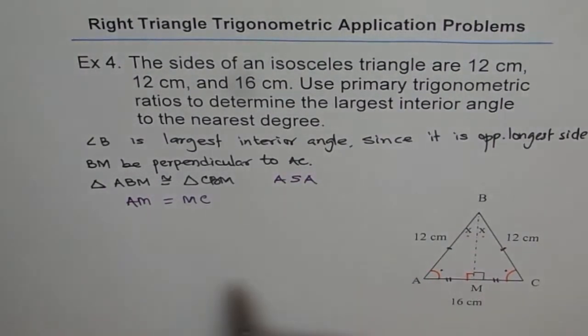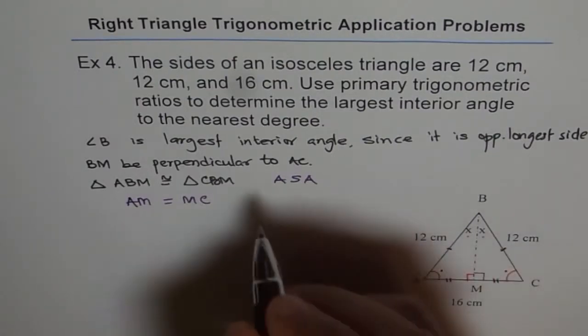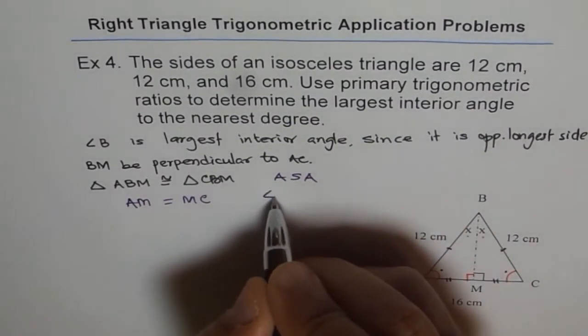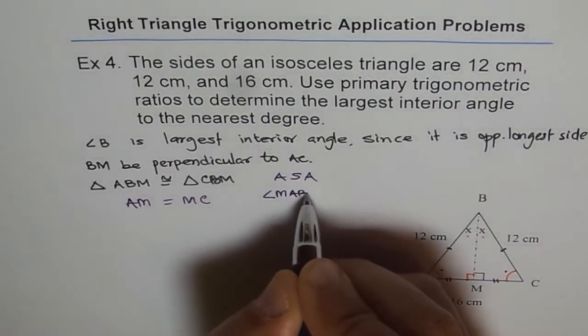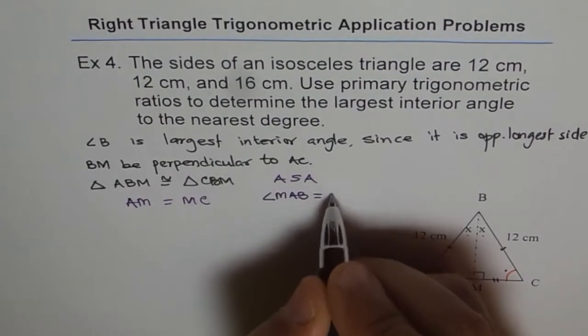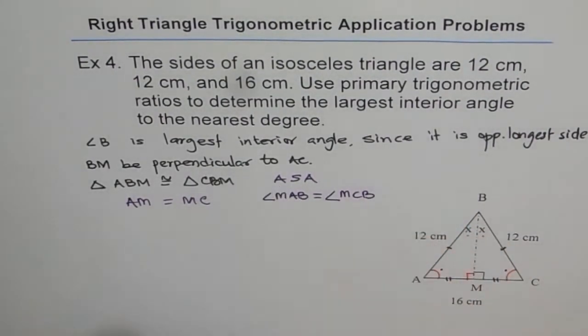Correct? Now let me write down why they were congruent. They were congruent because angle MAB equals angle MCB. That is one condition. This is for this angle.